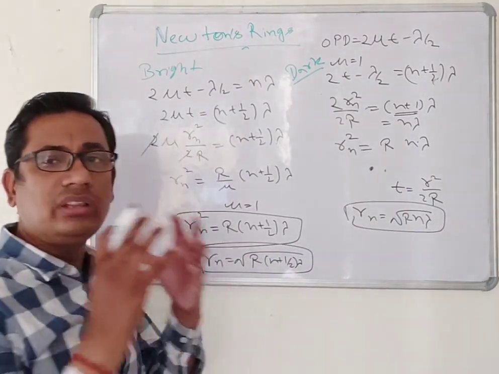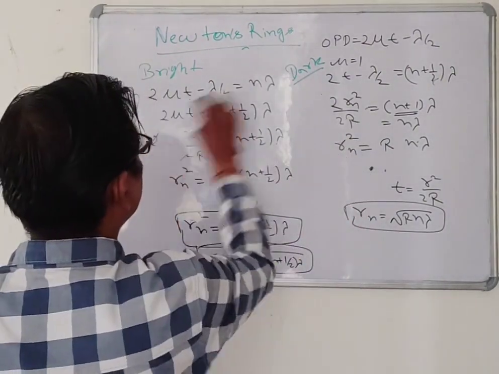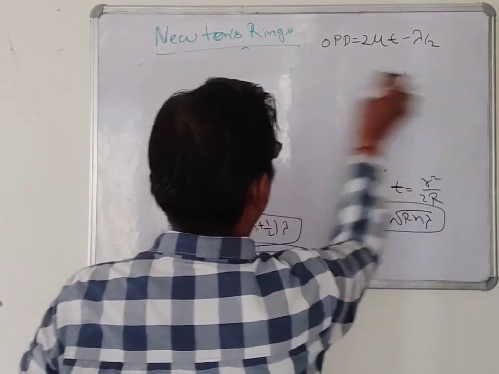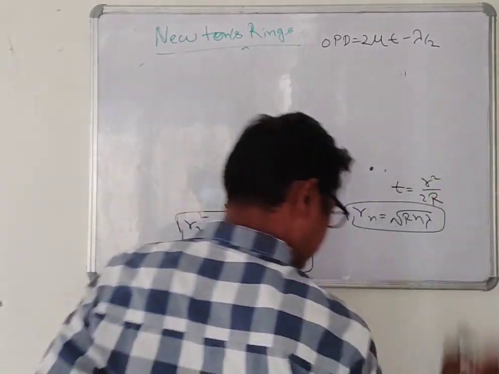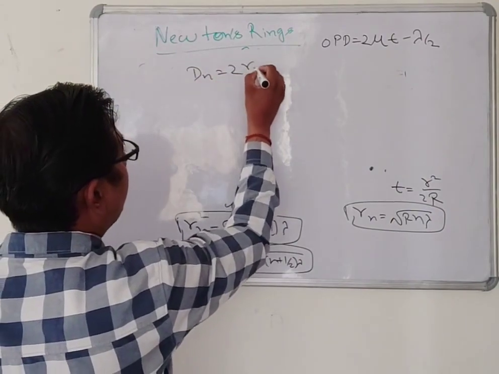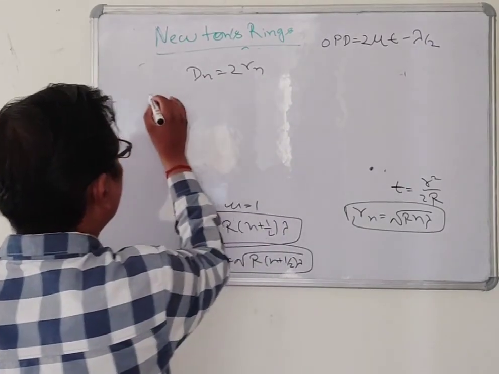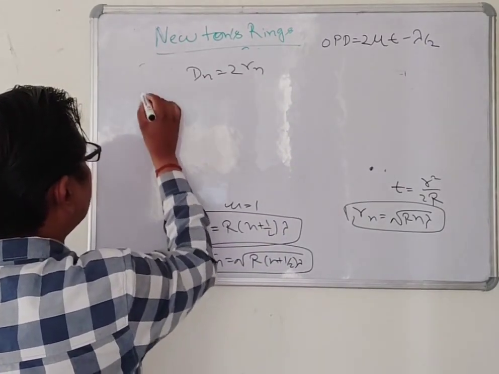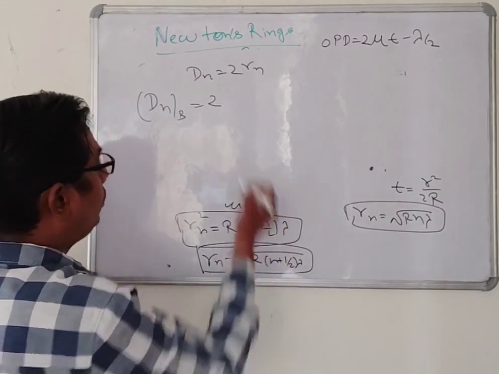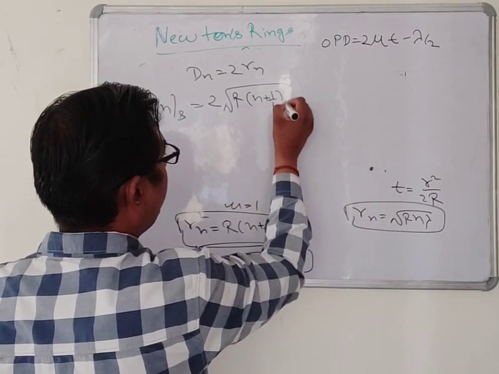Okay, fine. What is the diameter? Diameter D n is equal to double of the radius. For bright, it is 2 under root R (n plus half) lambda.